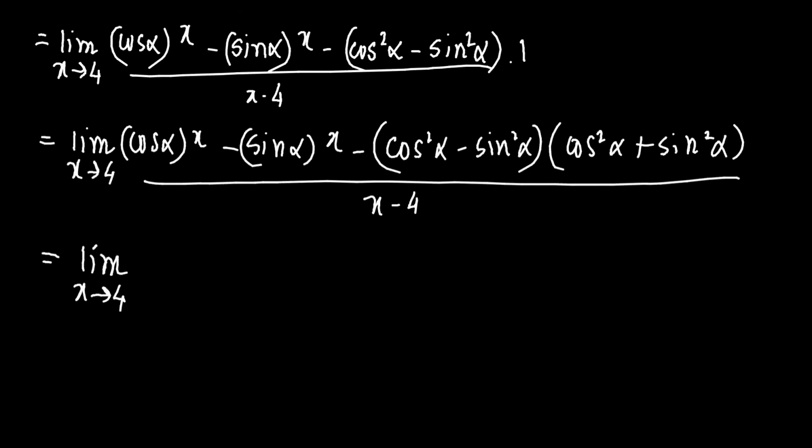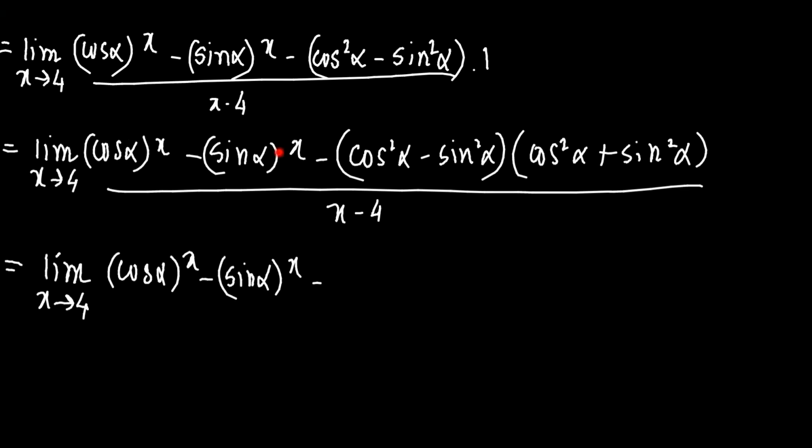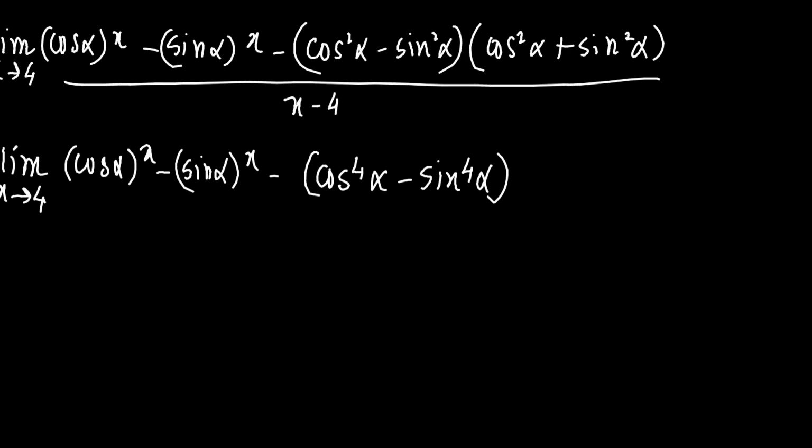Now this can be written as limit x tends to 4, cos alpha to the power x minus sin alpha to the power x minus, now you can see that it is (a minus b) into (a plus b), so it is a square minus b square, by x minus 4.